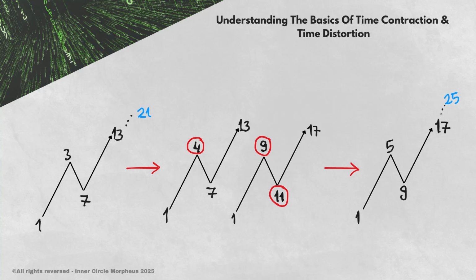The time it takes to complete the expansion changes, and then the retracement part changes, 4 to 7, or 9 to 11. Also pay attention to the second expansion leg from 7 to 13, then 11 to 17, vice versa.